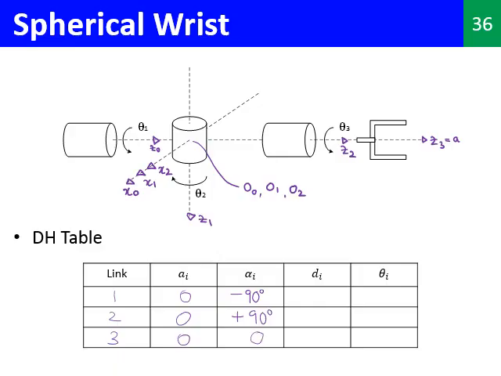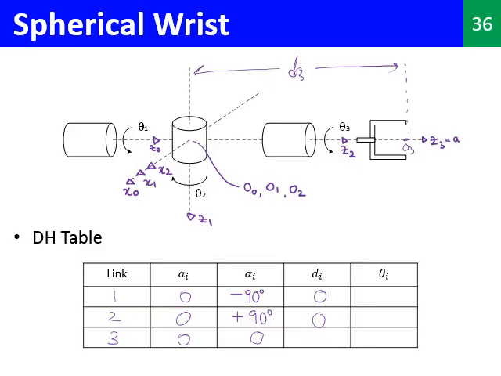And the D values. If you look at this figure, for the first two cases it's going to be 0 because the intersection points and the origins are the same point. But for the final one, let me take this point to be O3 and let me take this distance to be D3.